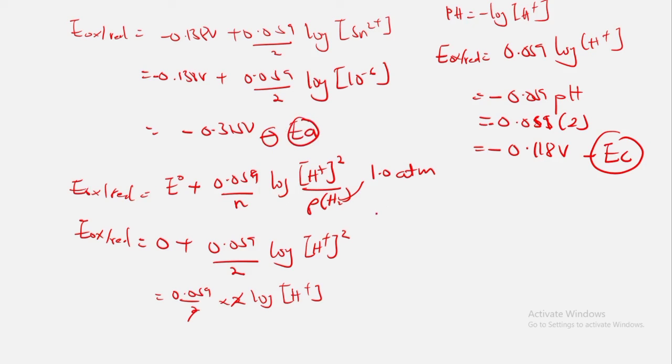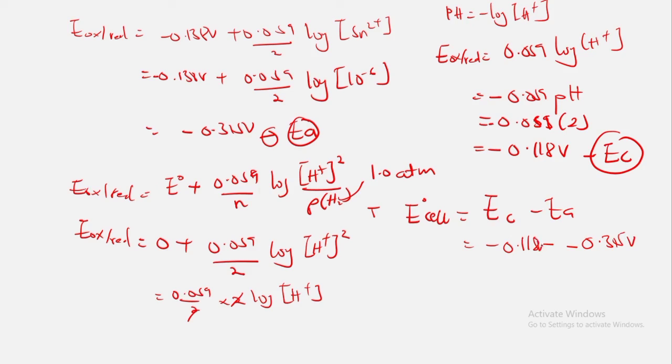So for us to find the overall E cell, and to check whether the tendency will happen or not, we are going to get our E cathode minus what? Our E anode. And our E cathode was what? Negative 0.118 minus our E anode, which is negative 0.315 volts.